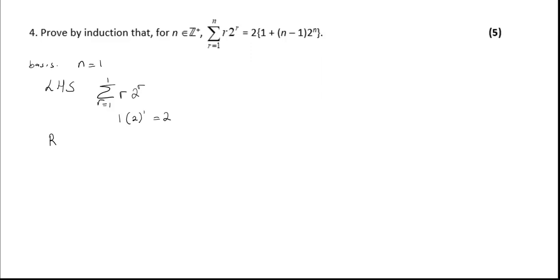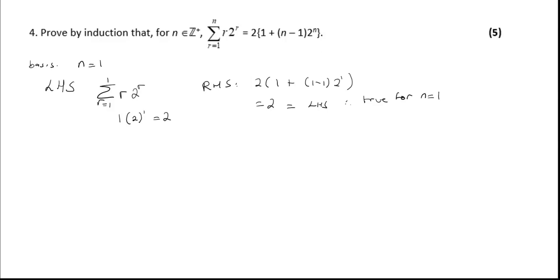And if I sub in 1 into the right hand side, then I'm going to get 2 times 1 plus 1 minus 1, 2 to the power 1. 1 minus 1 is 0, so that bit just disappears. So it's just 2 times 1, which is 2. And this is equal to the left hand side, therefore true for n equals 1.